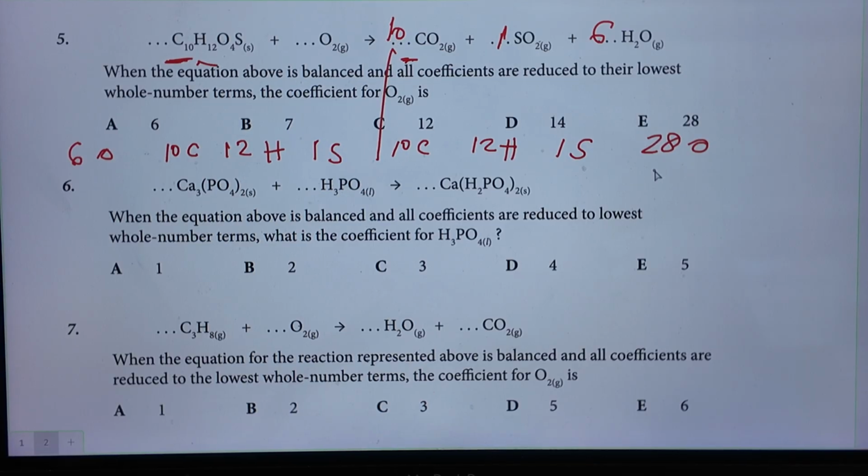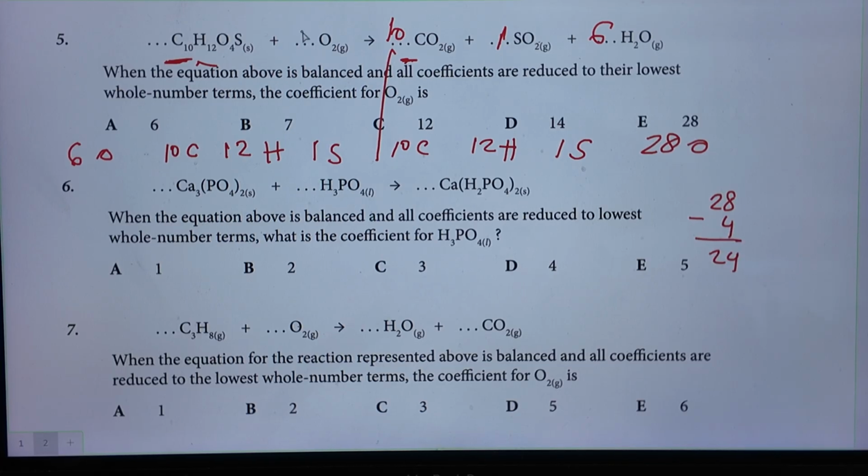O2 must be 28 minus the 4 here and the 2 here. Well, the 4 here, so let's do 28 minus 4, right? It's 24. And then if we put a 12 here, that would give us 24 plus 4, which would give us 28, and everything would be balanced. So the answer is C.